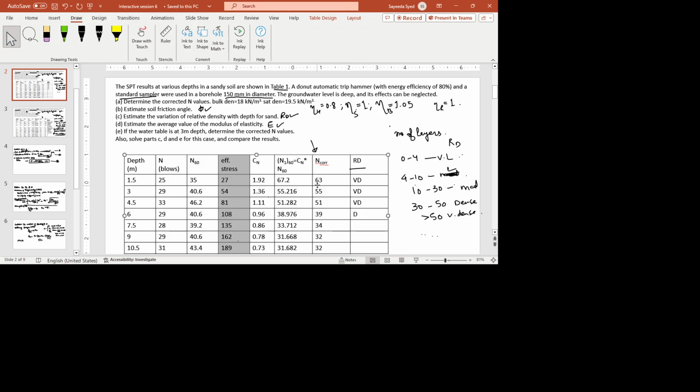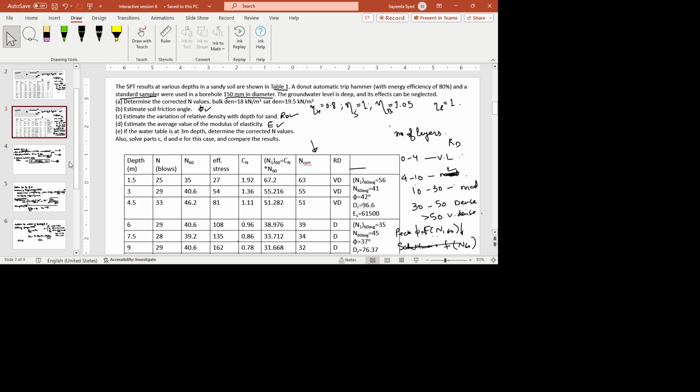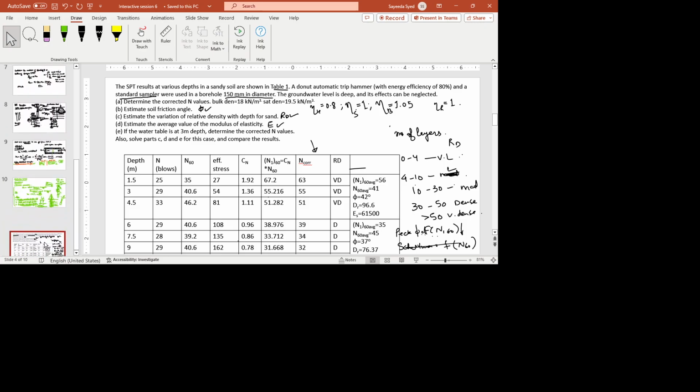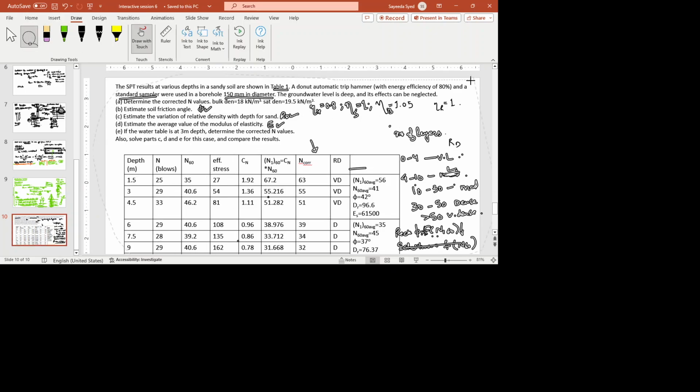First is that effective stress will change. So our first correction for overburden will change. And the second thing is that now we have to include the dilatancy correction. So let me copy this slide, take it to the end, delete all this.